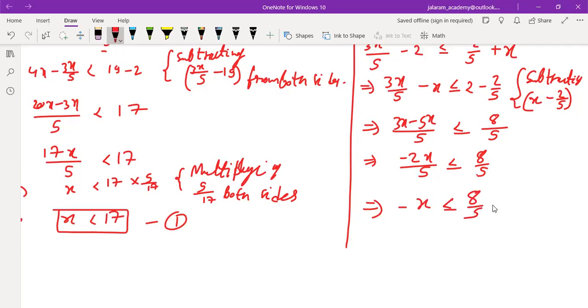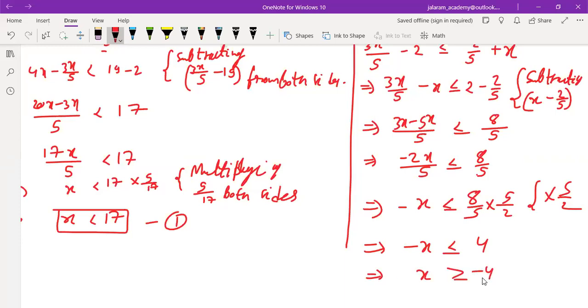It implies, first we write minus, and we have multiplied both sides by 5 by 2. It implies minus x is less than or equal to 4. And if you multiply both sides by minus, you know that the inequality will be reversed. So x is greater than or equal to minus 4, which is the second inequality. You know that inequality reverses when signs are changed. You have to write this as the reason.